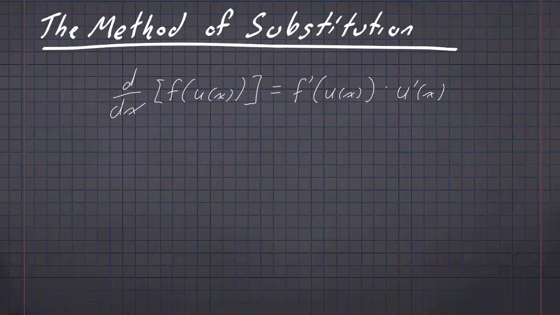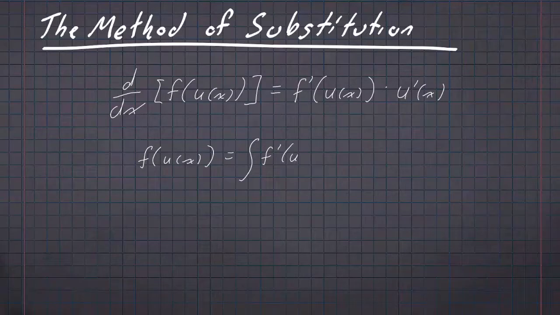So if I integrate both sides of this equation, on the left-hand side, the integral of a derivative is the original function, fundamental theorem of calculus. We get that f composed with u of x is equal to the integral of f prime of u of x times u prime of x dx.